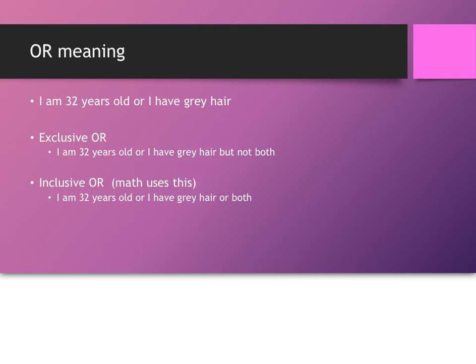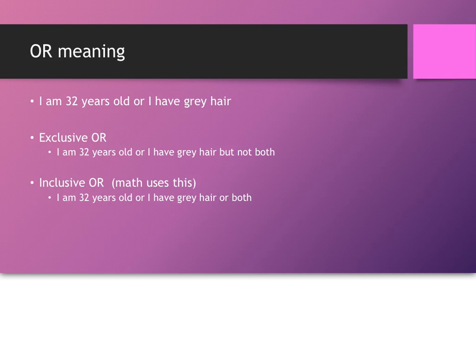Now the first connective we're going to look at is the or, because it's the most sort of misunderstood. In mathematics, we always use the inclusive or, but a lot of times, if you're just out and around or at a restaurant, they use the exclusive or.